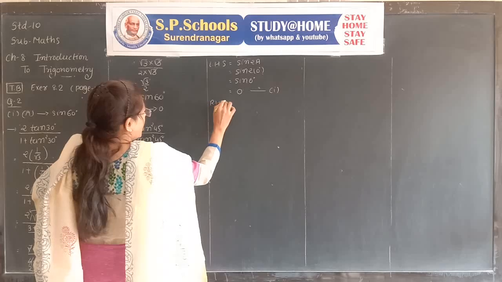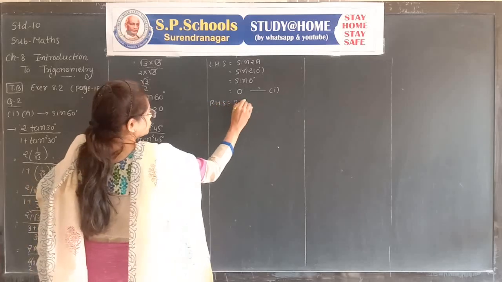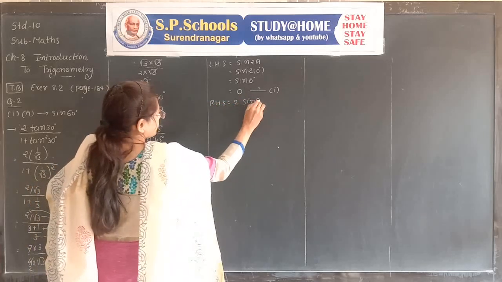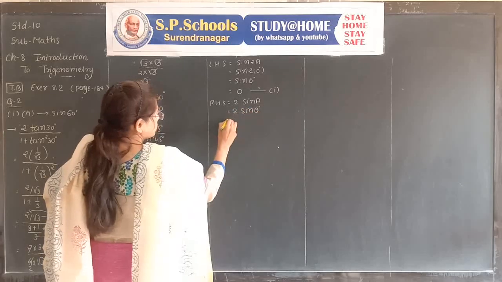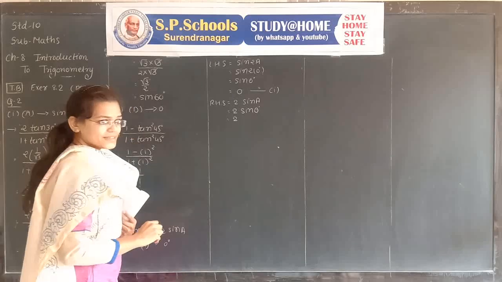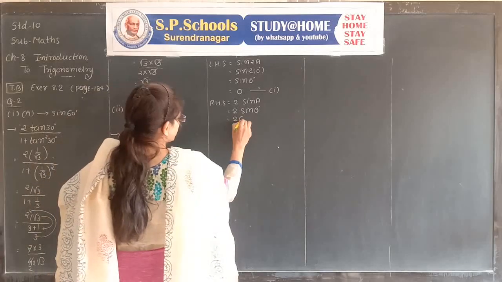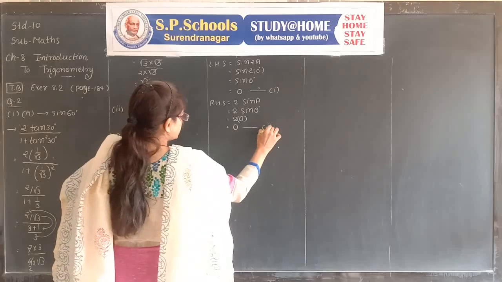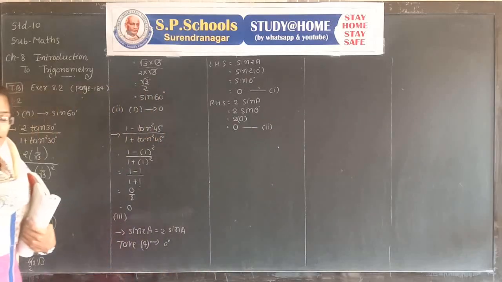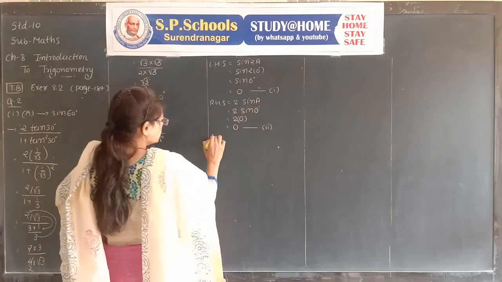RHS is equals to 2 sin A. 2 sin, instead of A it is 0, is equals to 2 sin 0. The sin 0 is again 0. 2 multiply 0, we get 0. It is our result number 2. Now what happened here? The left hand side and right hand side are equal.